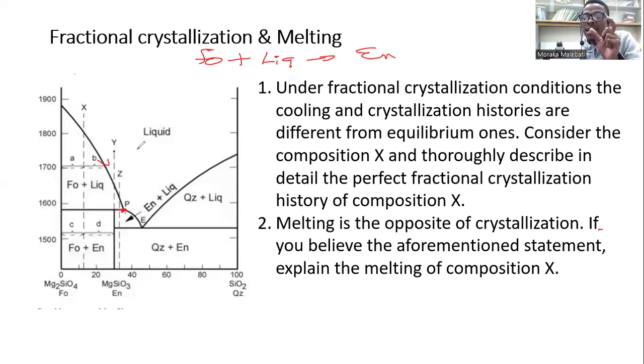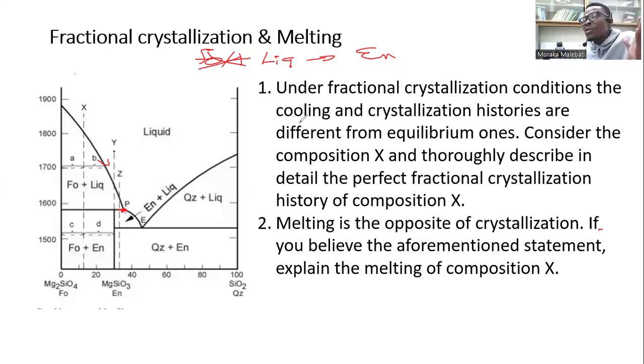I still have liquid. Remember, this one is no longer there, but I have this one. Then how can I use this to my advantage? Then the liquid will now precipitate the crystals of the anorthite and continue to cool towards the eutectic, where the crystals of the quartz will now start to form.